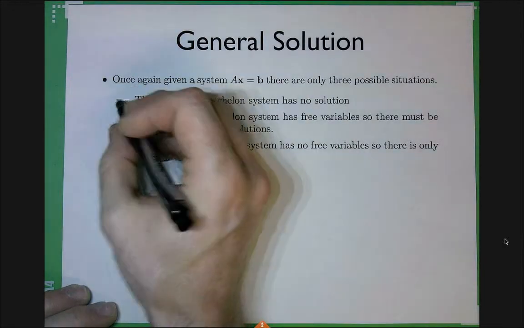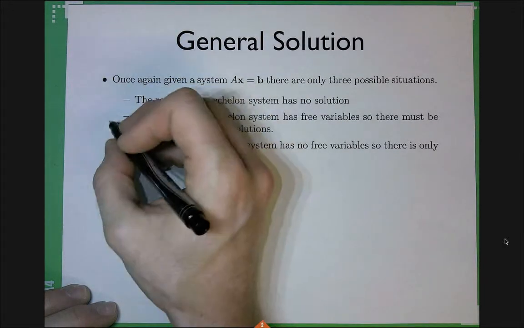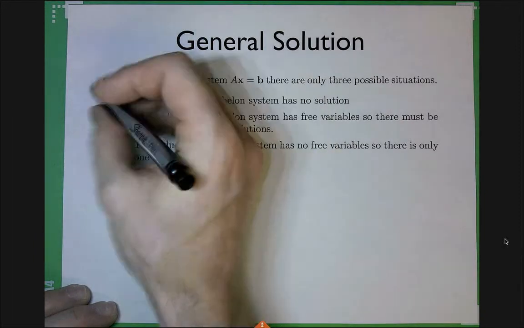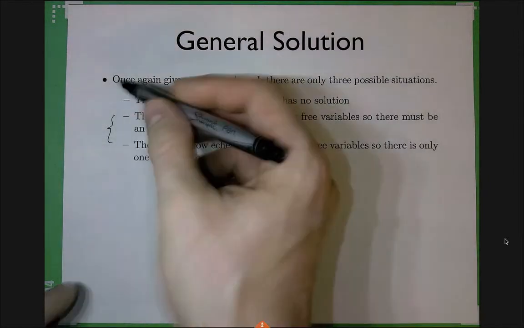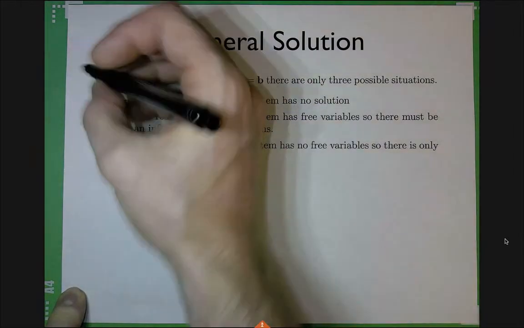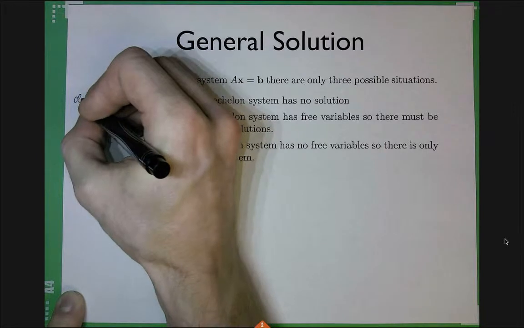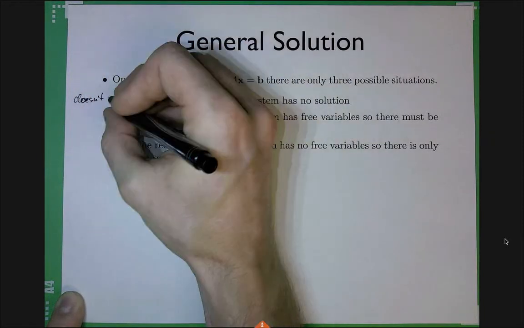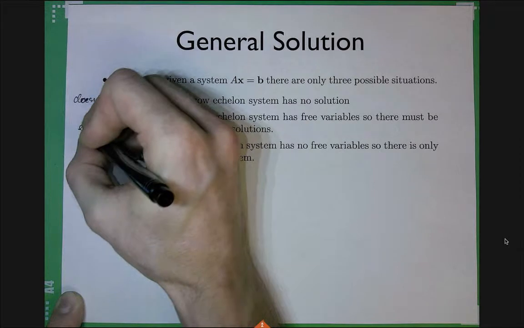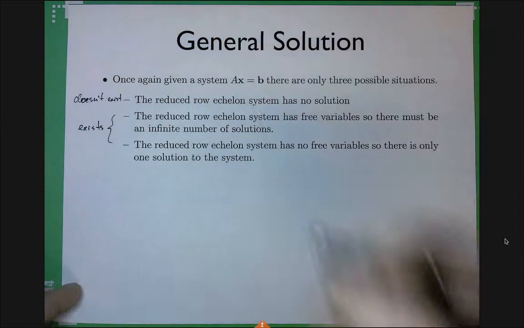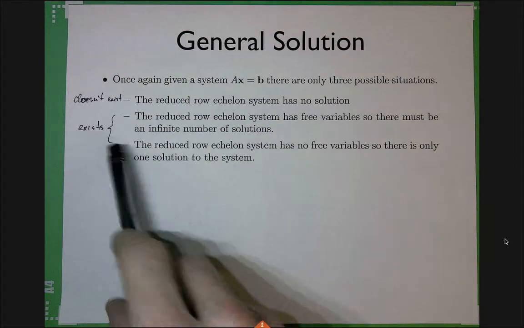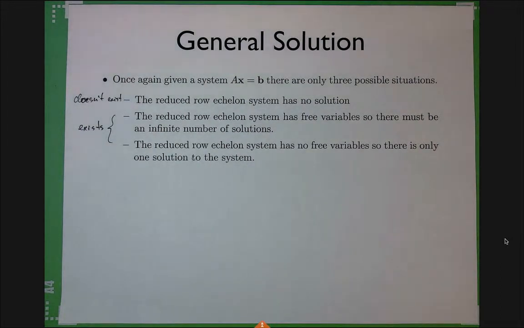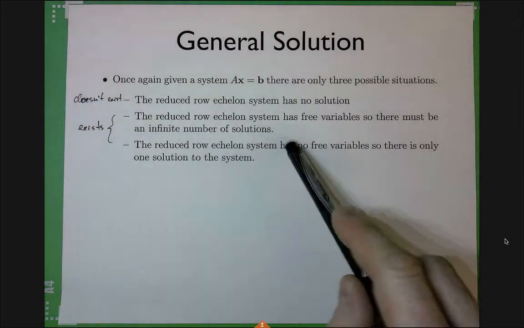Either the solution doesn't exist, or it exists, right? If it doesn't exist, that's it. And if it does exist, then there is either that one unique solution, or there are infinitely many of them, right? And how do we tell?